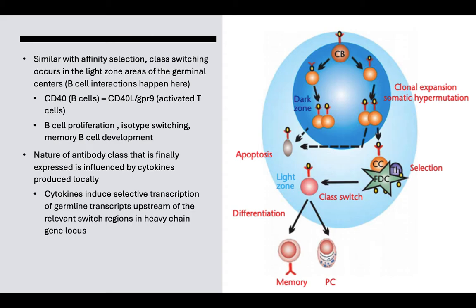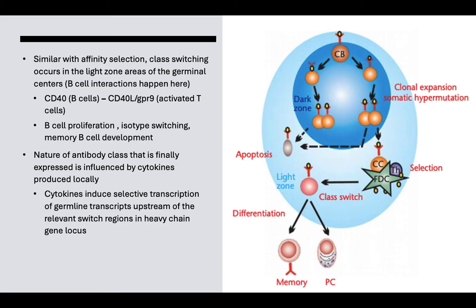Then B cell proliferation takes place. Isotype switching will take place, no? Depending on, again nga, yung nature ng antigen that is present within the area, or whether there is a difference in antigens that are being expressed, no?